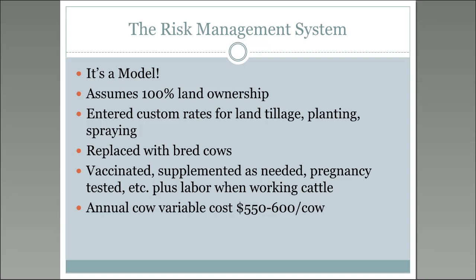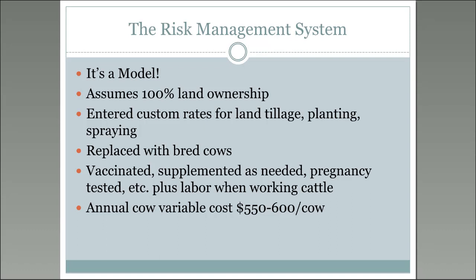Also, there's a lot of vaccination, supplementation, pregnancy testing, everything that the Extension Service stresses you should do in order to run a clean, healthy herd. We added that into the model. We also incorporated a really low labor charge when we're working cattle, because most of the time you're going to need help if you have any number of cattle.